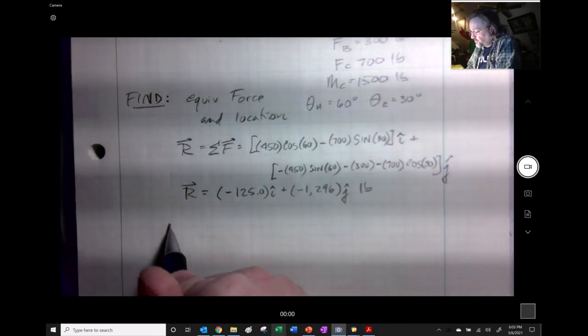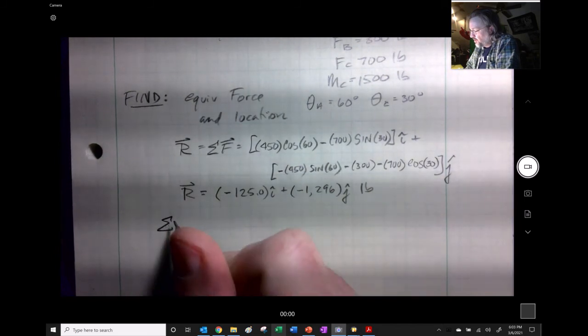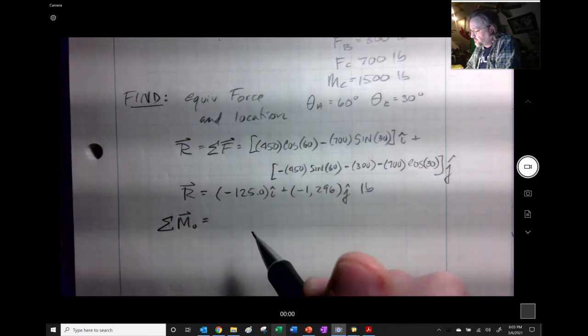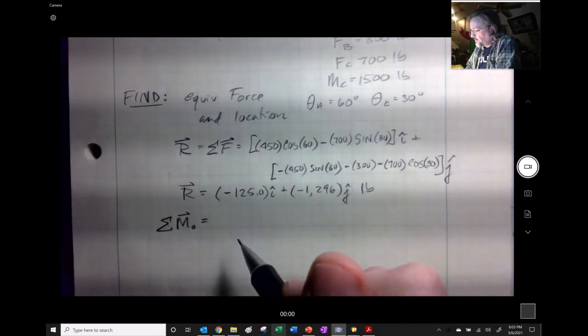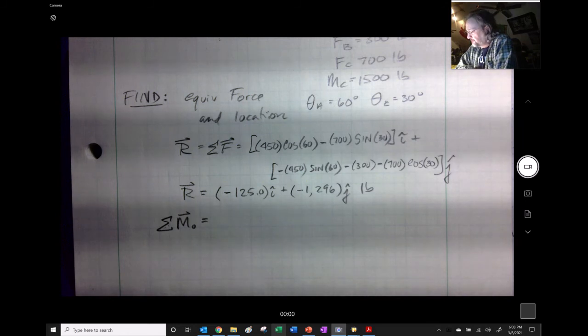So here's what we'll do: we will take the sum of the moments about O. We could do this in a couple of ways.